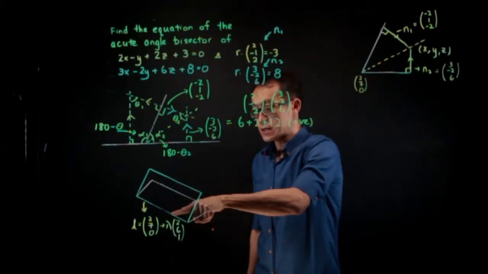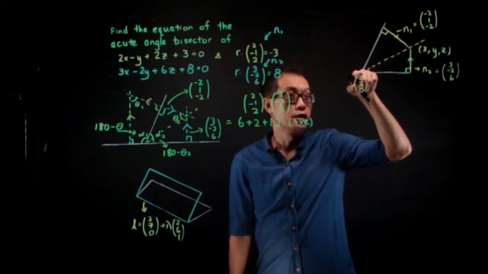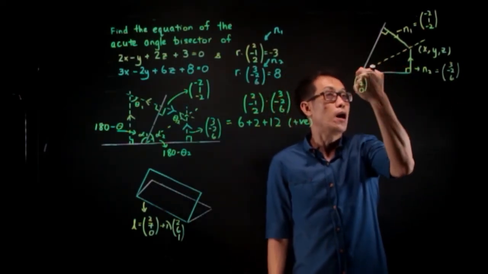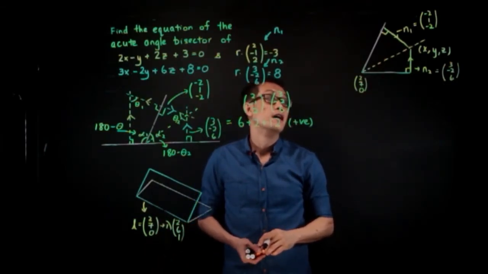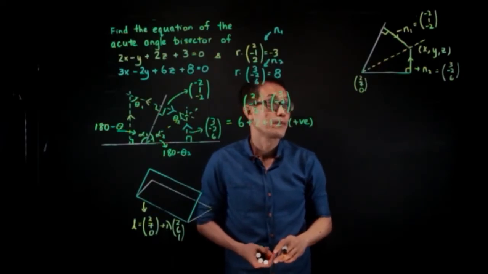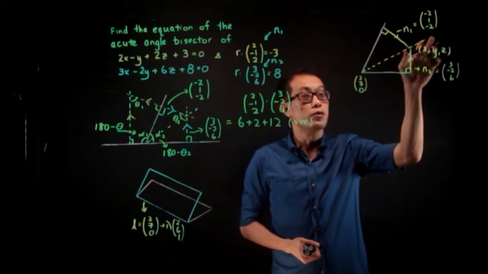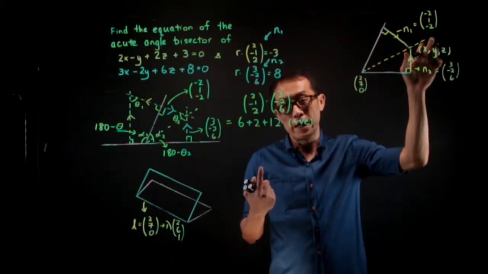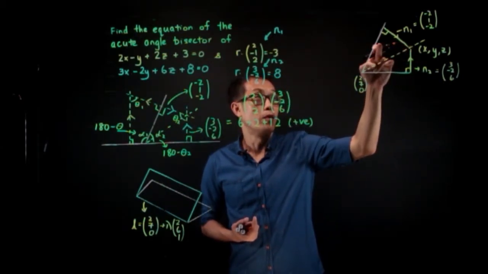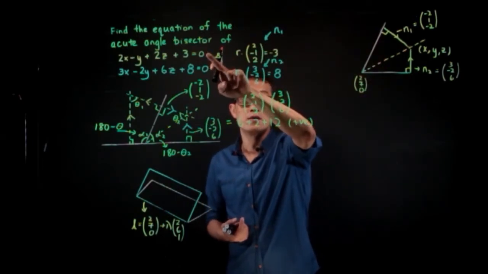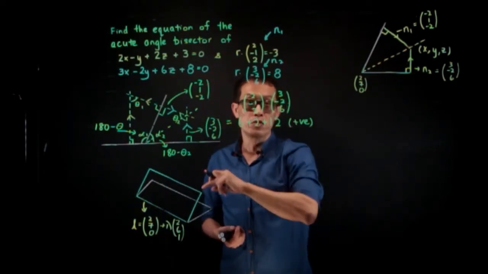This line L will be pointing into the board or out of the board, depending on the direction. Now, if (x, y, z) is a point on the plane of the bisector, you will find that its perpendicular distance from the first plane will be equal to the perpendicular distance to the second plane.